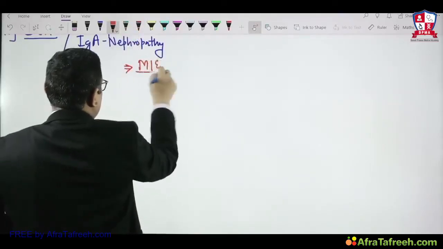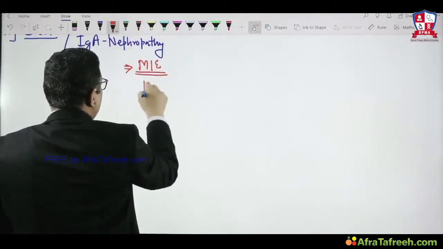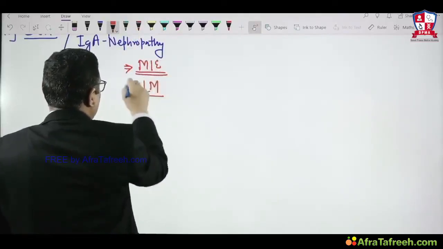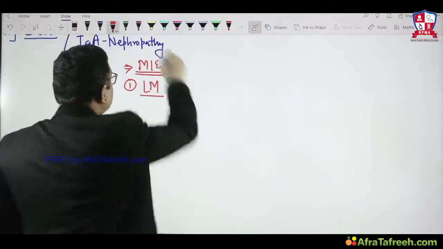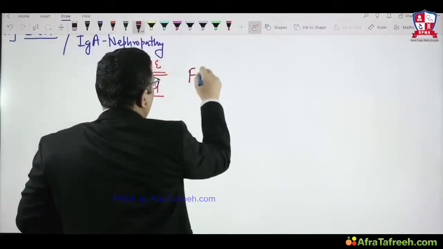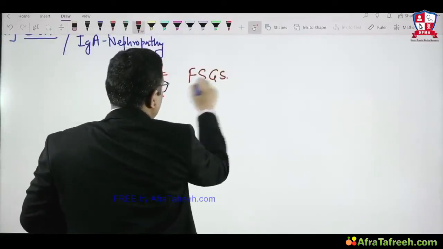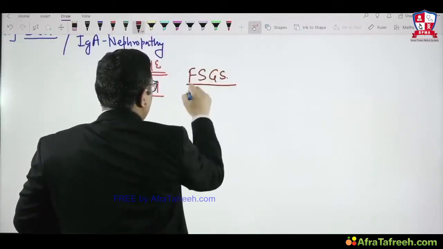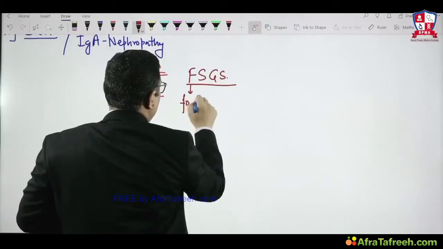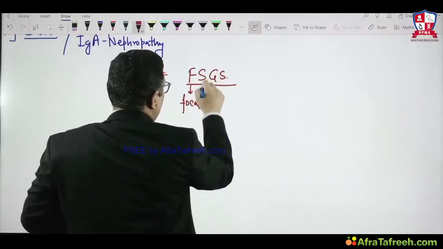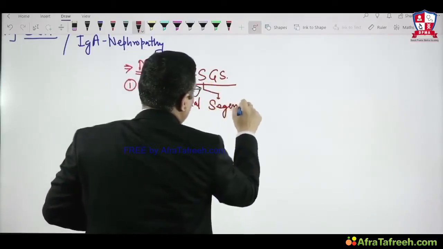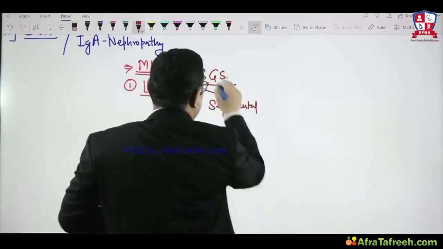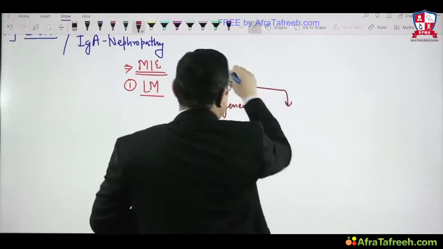microscopic examination, especially the light microscopic view. The name itself is telling you: FSGS. F stands for focal, S is for segmental, and then glomerulosclerosis, the S for sclerosis.